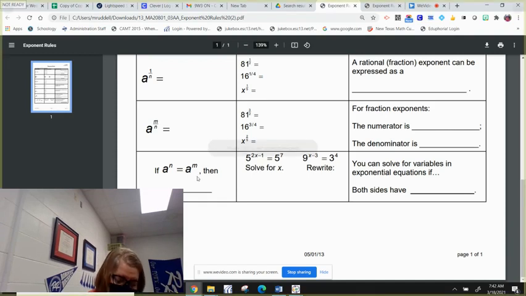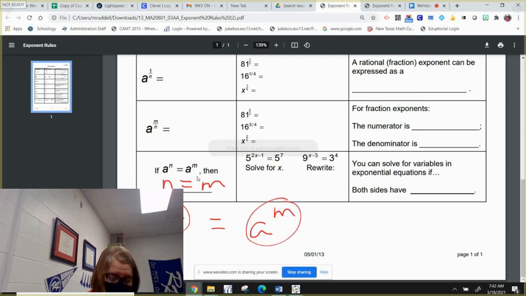Now, if these two values, a to the n and a to the m, if those two values are equal and the bases are equal, what has to be true about the exponents? They have to be equal. If this whole thing, a to the n, is the same value as a to the m, we already know that a and a have to be the same. The only way those could be equal is if the exponents are equal. We use this property to solve equations.